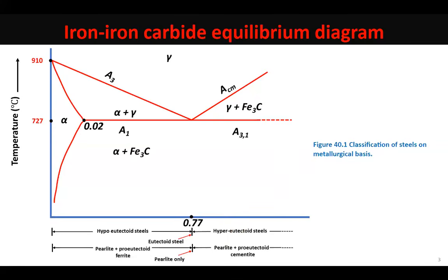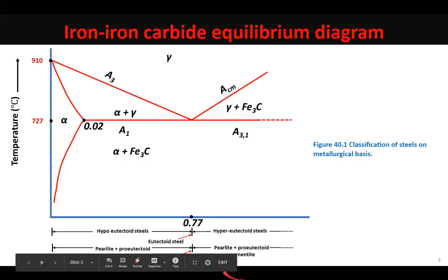Diagram means we have heated and cooled a system under strict conditions of equilibrium, slow rates of heating, slow rates of cooling. Fine. So if we are talking about a hypereutectoid steel which has carbon anywhere between 0.77 to 2.11, then the steel's microstructure would consist of perlite, but along with that, some proeutectoid cementite would also be there.